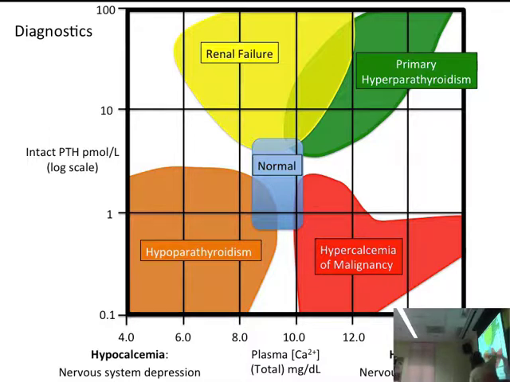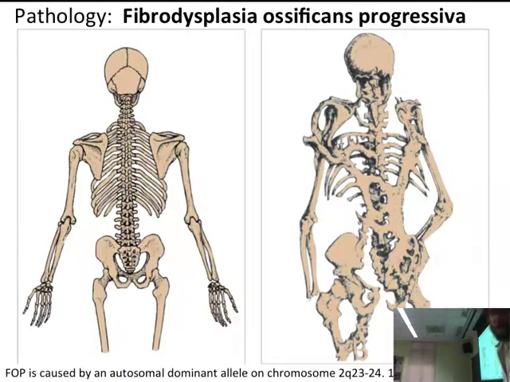And then hyperparathyroidism, which we will talk about in the endocrine chapter, Graves' disease, is going to give you high parathyroid, high calcium. Renal failure is going to give you high parathyroid with potentially normal calcium levels. So there's a lot of diagnostic use to measuring circulating calcium.